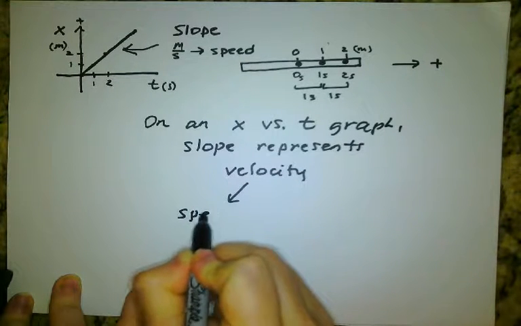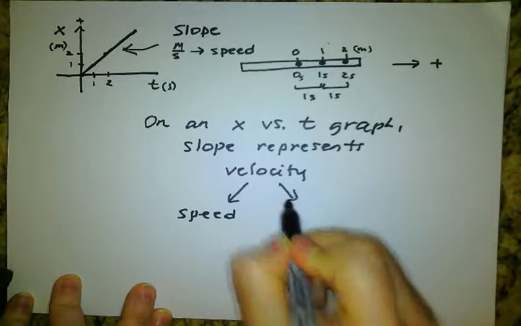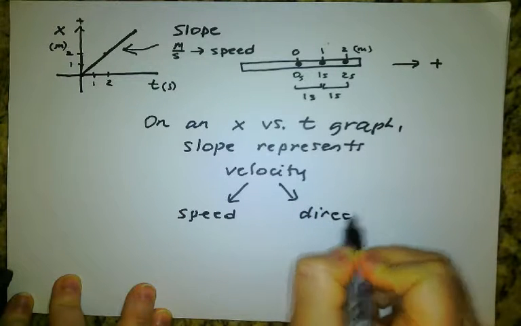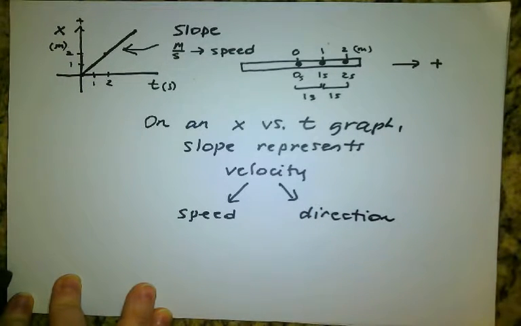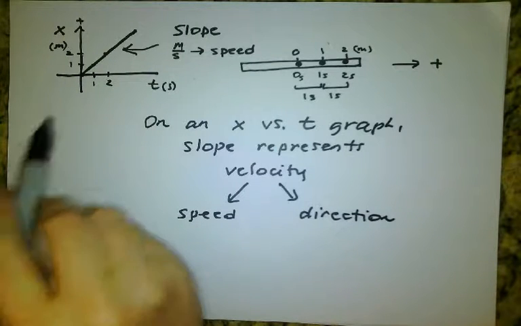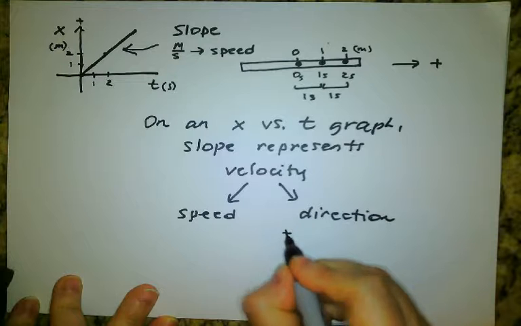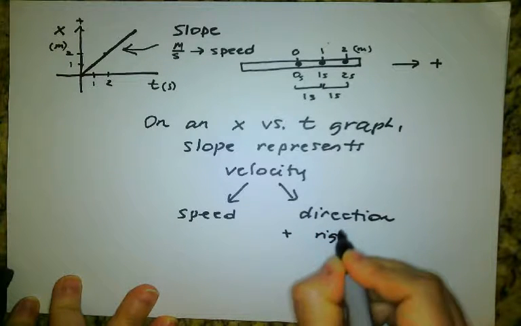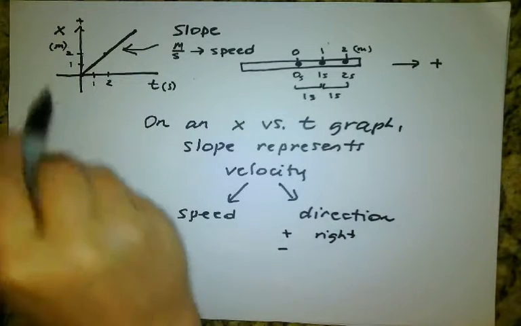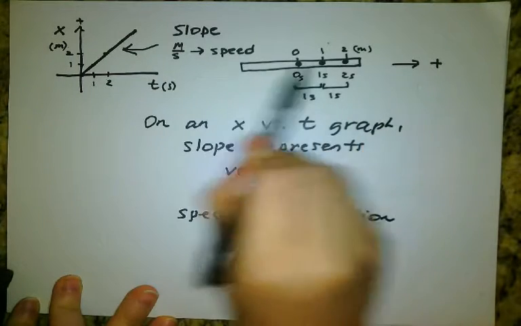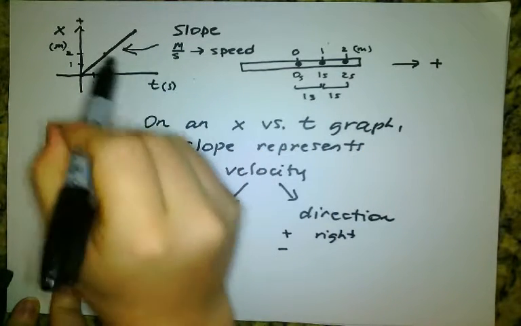It has a speed and it has a direction. So how can you tell if it's moving to the right? Well, if you defined the positive direction as right, then plus means right. And then if it moves in a negative direction, you'll see the numbers decreasing.